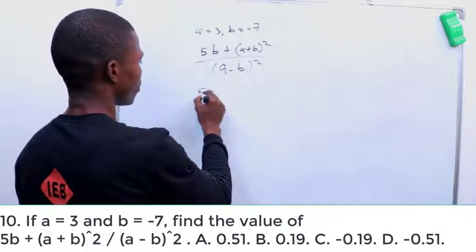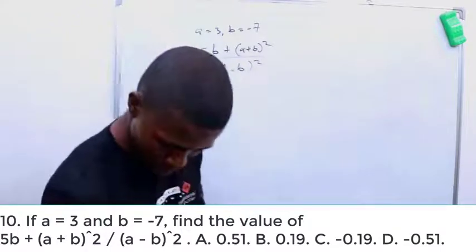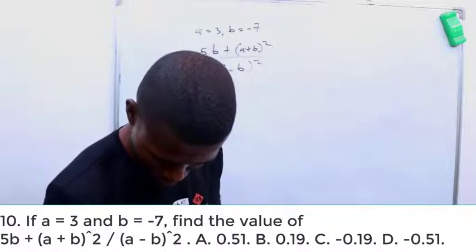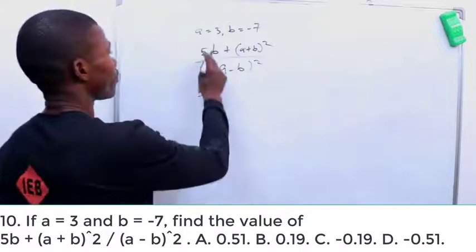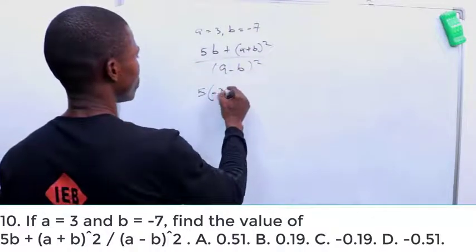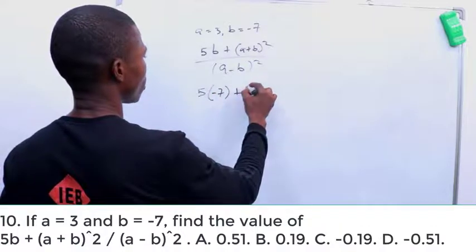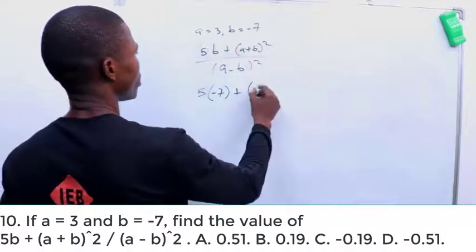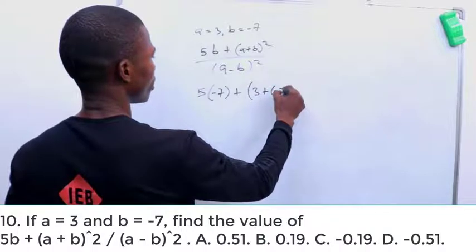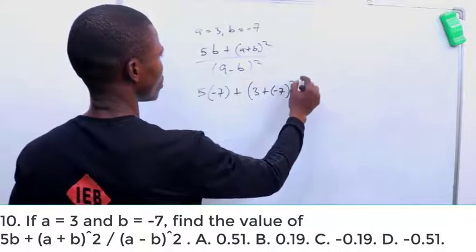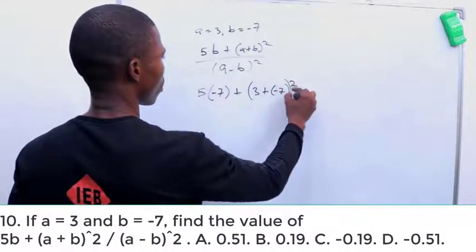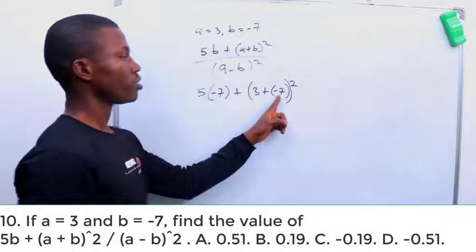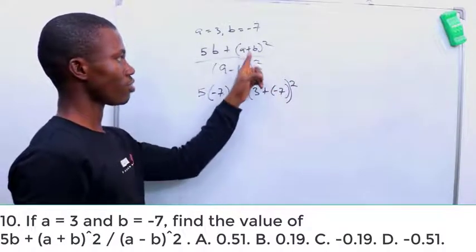This is 5 into B, which is minus 7, plus A, which is 3, plus minus 7 squared. Okay, put it in brackets, so this sign will differentiate from this positive sign.